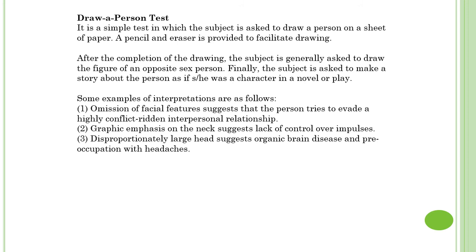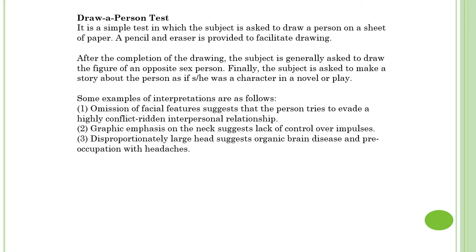So if a layman draws a person, how will it be? Sometimes just a circle depicting the face, no eyes, no nose, no ears, something will be missing. Even if we draw a person, maybe the face will be crooked, maybe it is a half circle, and then we forget to give the eyes sometimes.